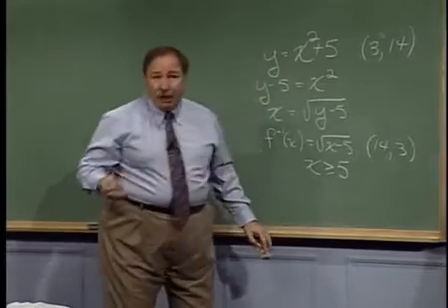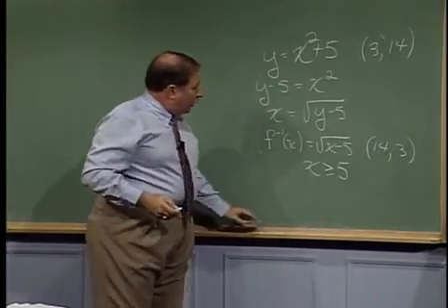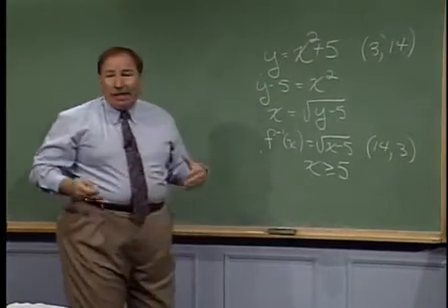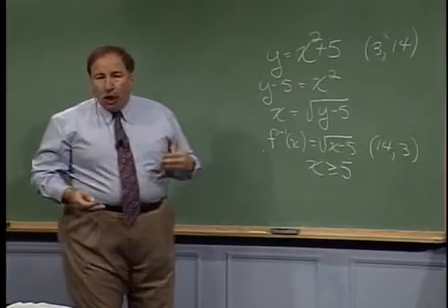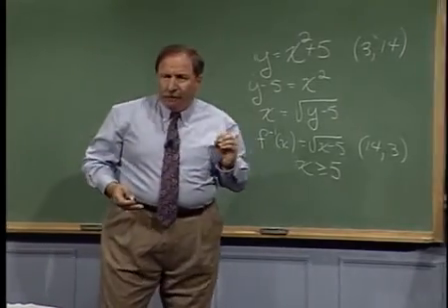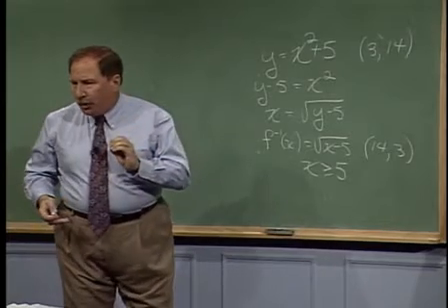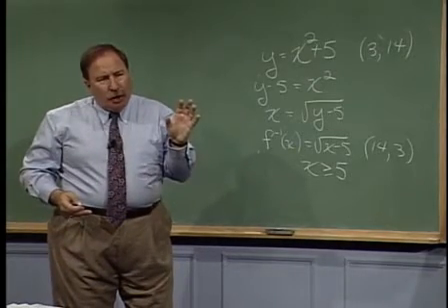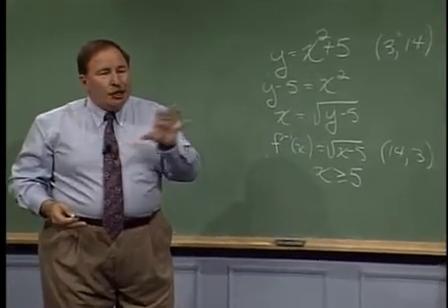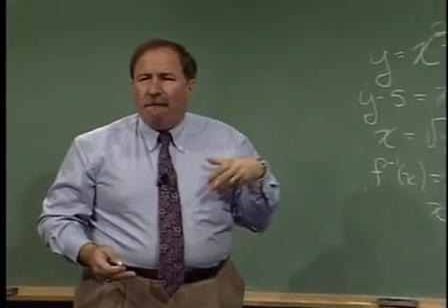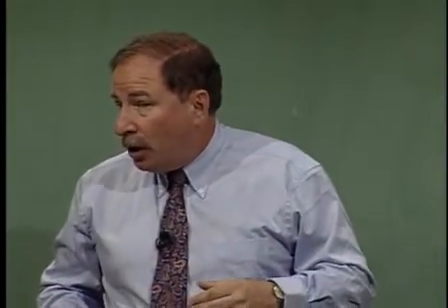Also, we have adjectives that we could put in front of the word function. Different types of functions. Because, again, think back to the very first lesson where we talked about models. If we're going to build a model of some real-world situation, we just say this is a function. Your grade point average as a freshman in college is a function of your SAT score.